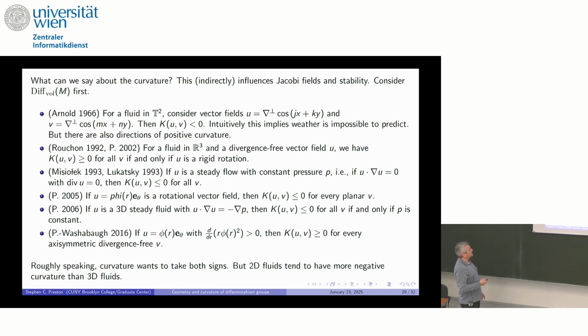But in most cases, the curvature wants to take both signs. I think 2D fluids tend to have more negative curvature than 3D fluids, but that's, again, wide open. This is a thing I'd actually really like to study in the finite dimensional models that we have, like Zeitlin models that some people have talked about already.